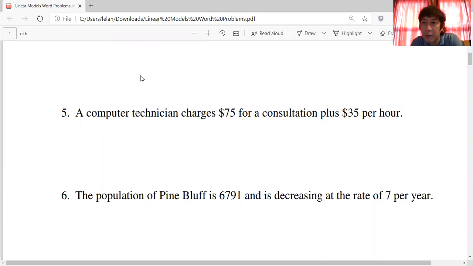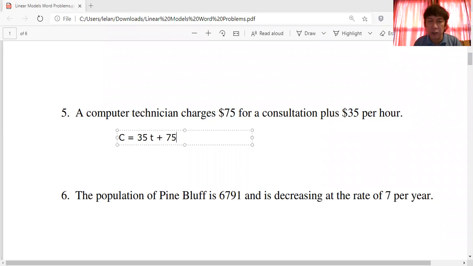So the $35 here is the slope, and this one is a positive slope. This one is an increasing function. And the equation, if I could recall it, is cost equal to a positive slope 35 times time plus the initial amount at time 0, 75.